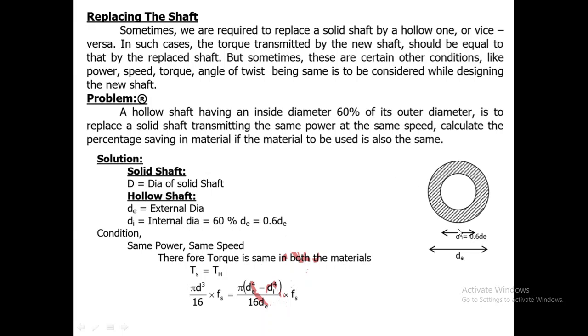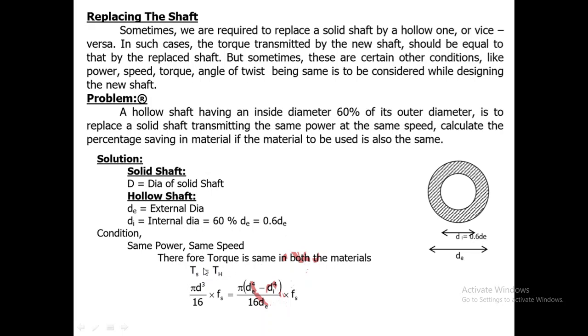So in the given problem we have a hollow shaft whose inner diameter is 60% of the outer diameter, and the condition is that we have to transmit the same power and same speed. In such a case the torque in the solid shaft should be equal to the torque in the hollow shaft.